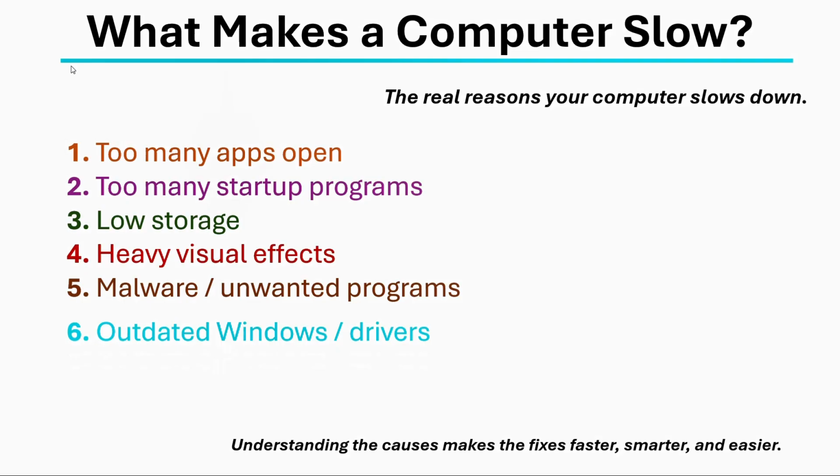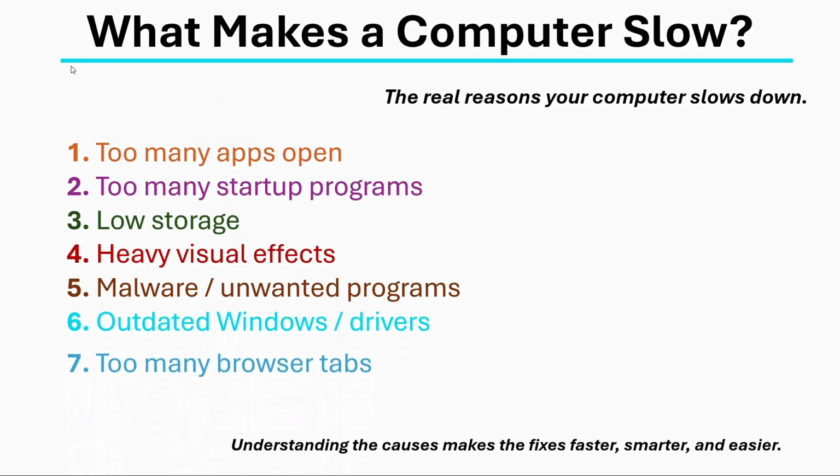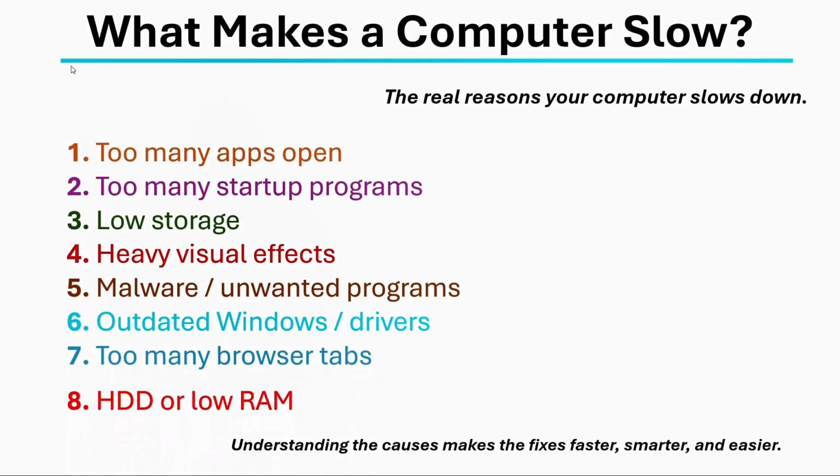Number seven, too many browser tabs. That's like opening too many books, newspapers, and instructions at once. Especially Chrome, it fills the roads quickly. And number 8, HDD or low RAM.